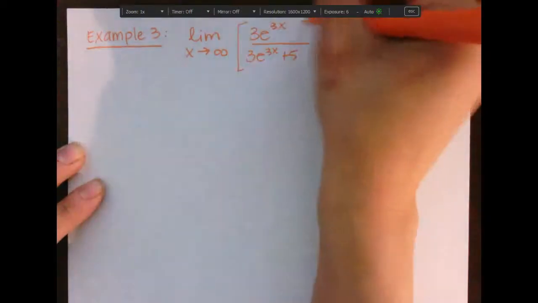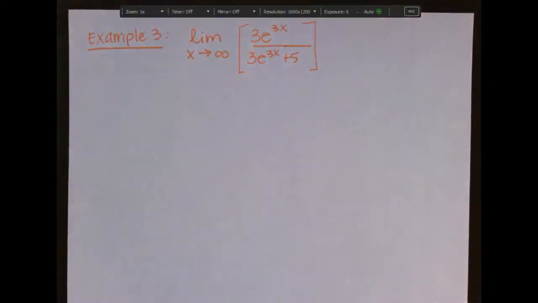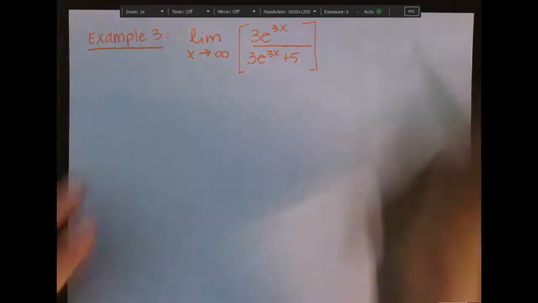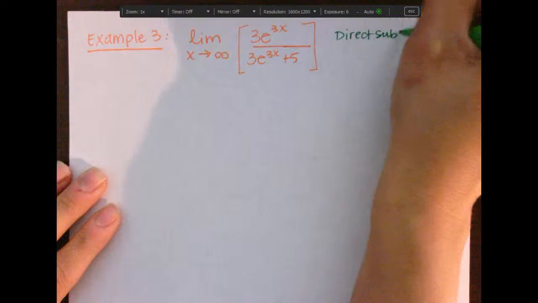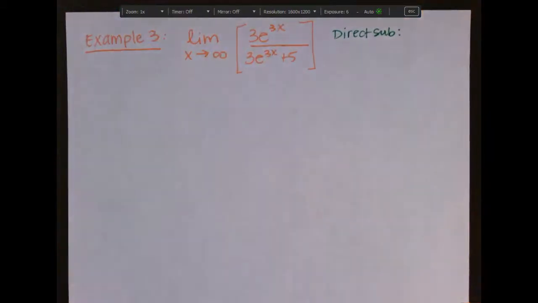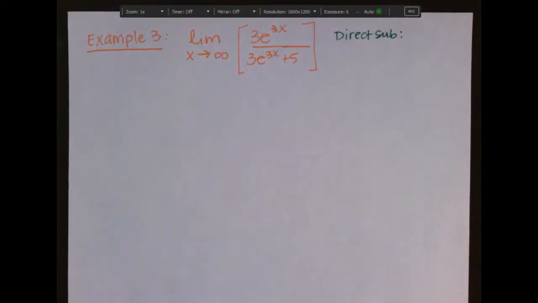So we're finding the limit of this rational function. So first of all, let's try direct substitution. Because in order to use L'Hopital's rule, we have to make sure we're in a L'Hopital form. We don't know that we are yet.